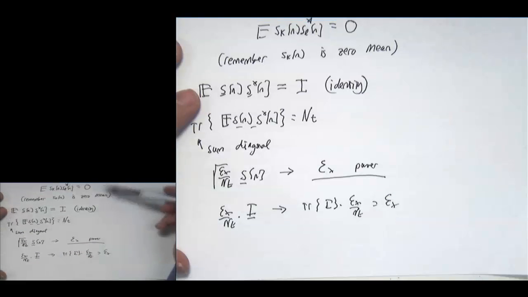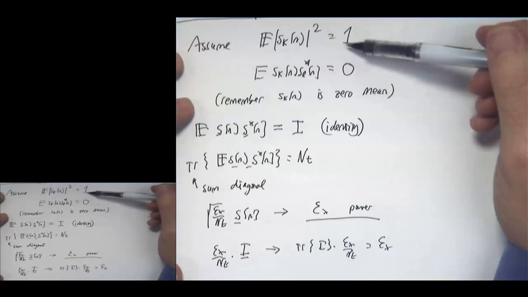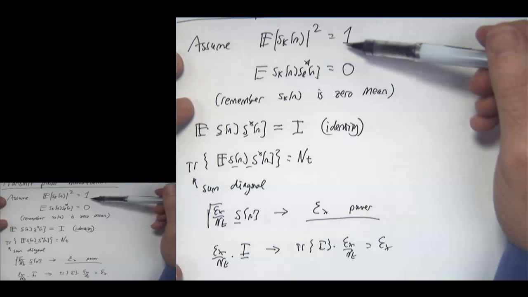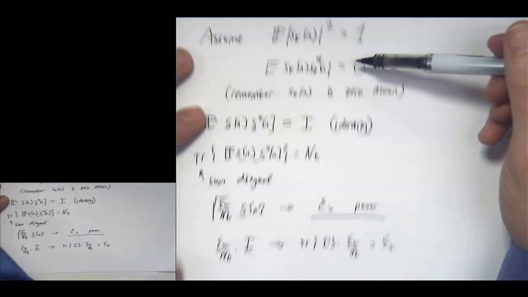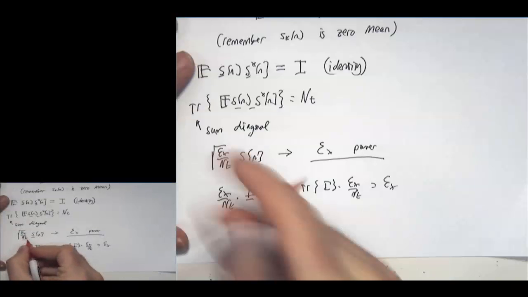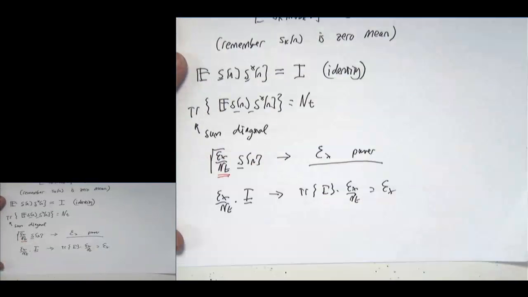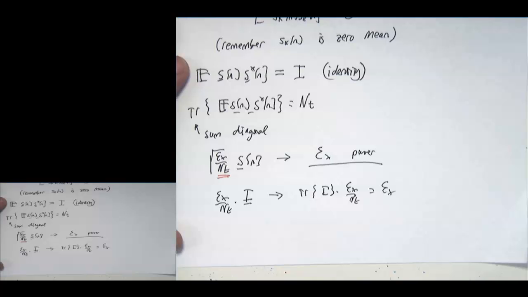So because we've assumed the symbols to be unit energy, that's basically why we need this factor of nt here. So that's why I went through this kind of pain to explain that. Any question on that normalization?